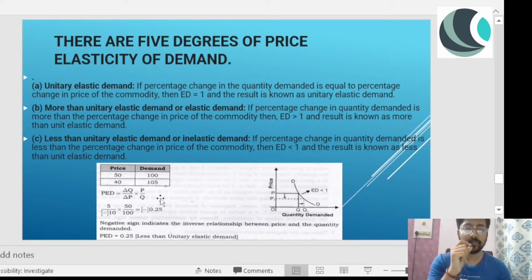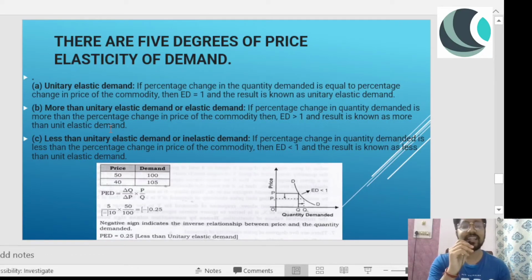The example we're talking about: the change in price is by 10 rupees, but the increase in demand is only 5. In the last example, the price fell by 10 and the demand increased by 20. So that was more than unitary, or elastic demand.